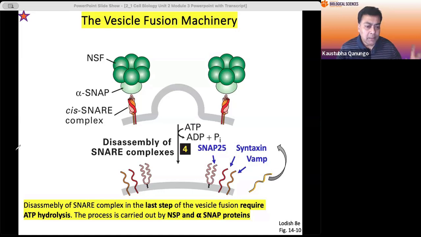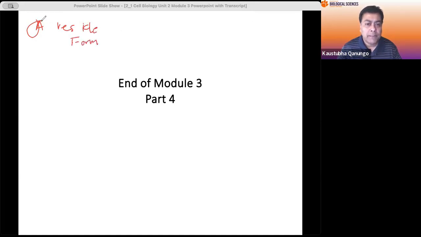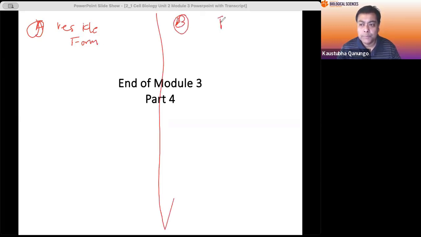Now, this is the overview, but I just want to take a little moment to summarize the part where people get confused. Part A is vesicle formation, and B is fusion.